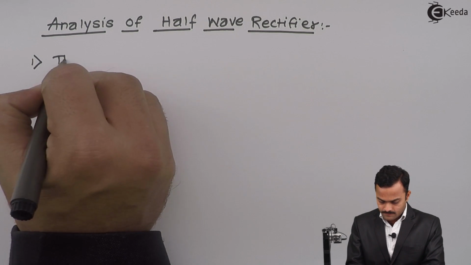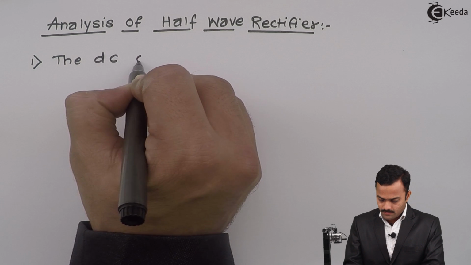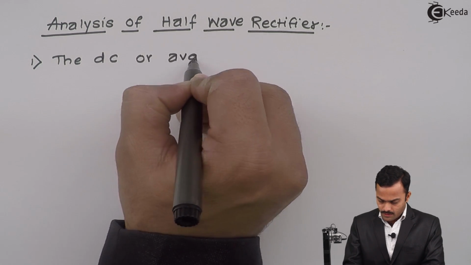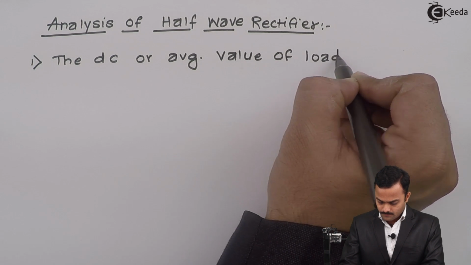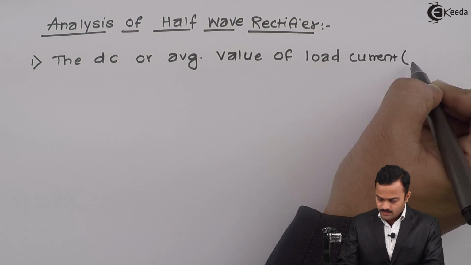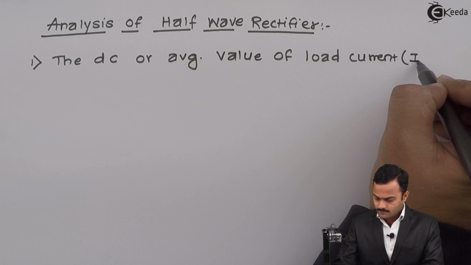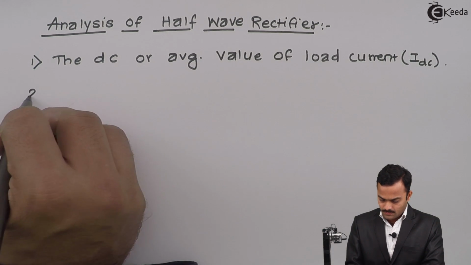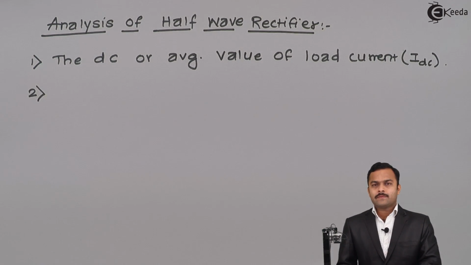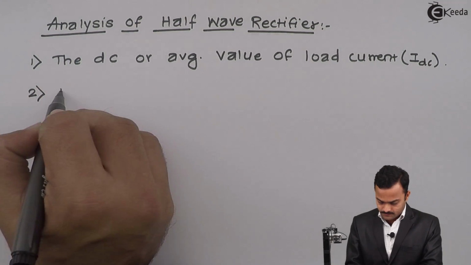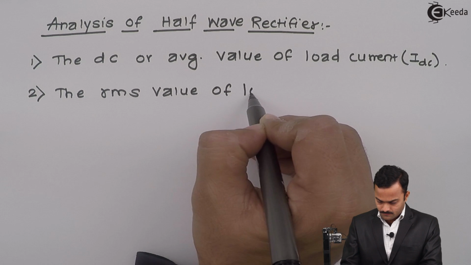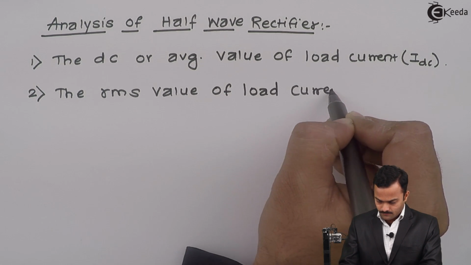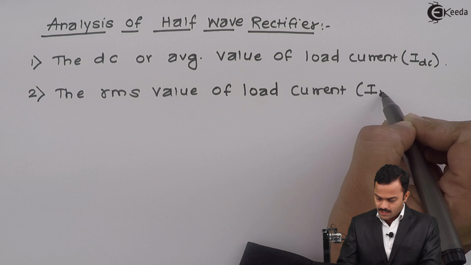First is DC or average value of load current, denoted by IDC. Second, the RMS value of load current, denoted as IRMS.